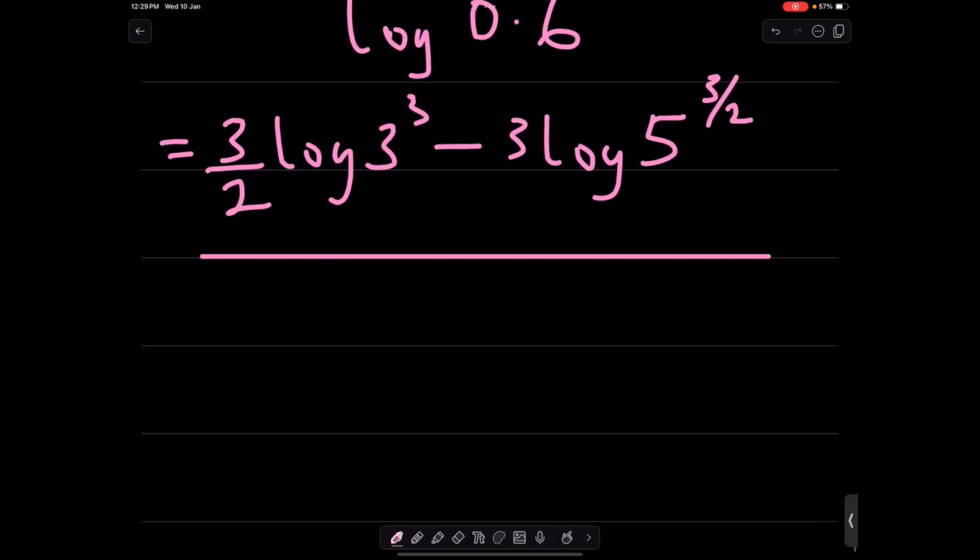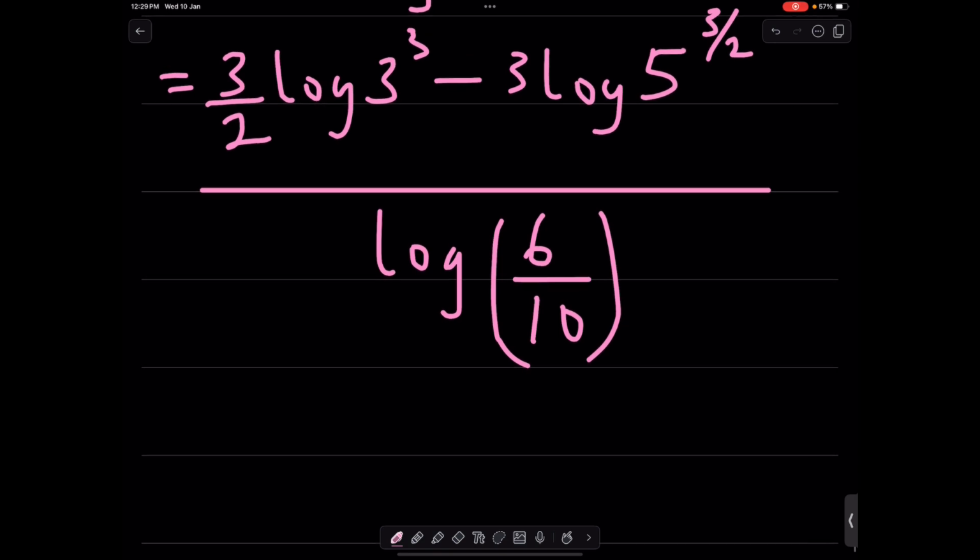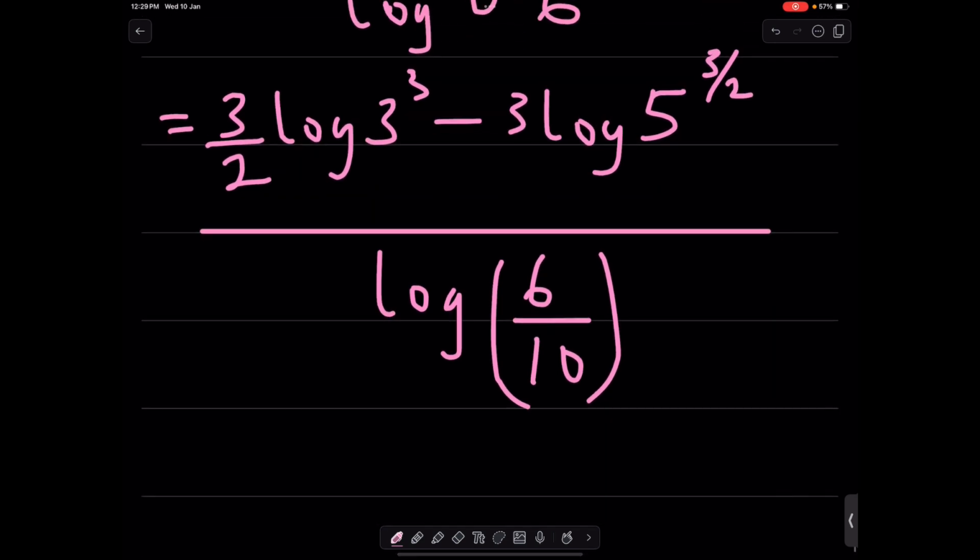Log 0.6 is the same as log 6 over 10. And where do we go from there? We can say that this is a 3, this is 3 raised to the power 3.